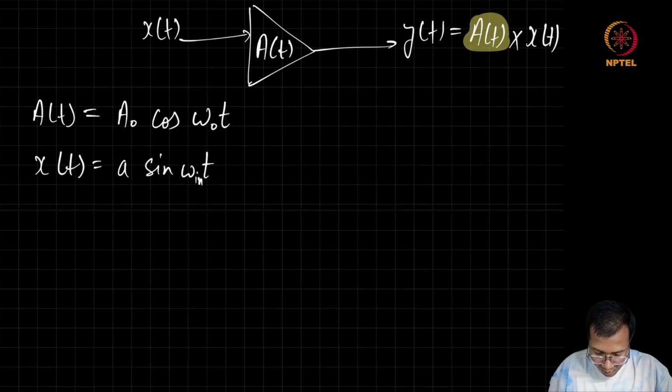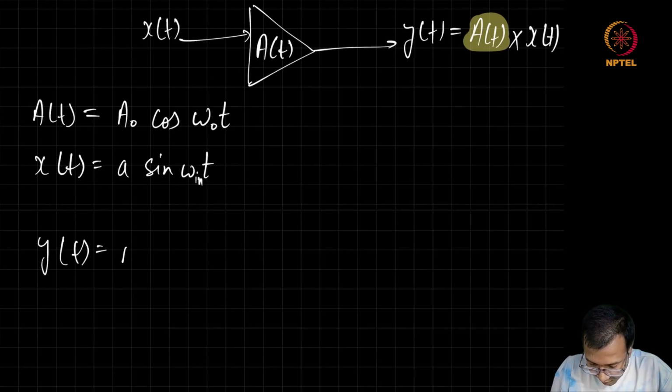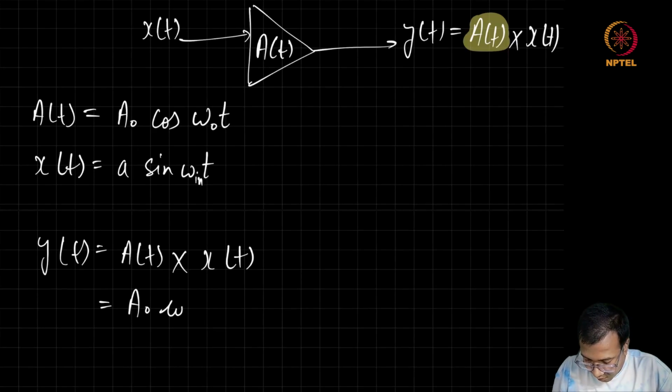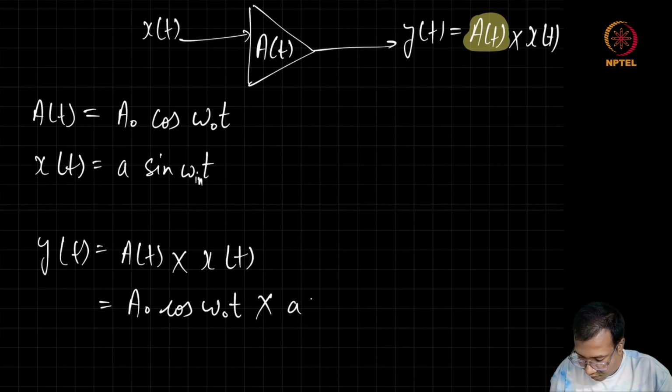So the y of t is going to be a of t multiplied by x of t, which is a naught cos omega naught t multiplied by sine omega n t.